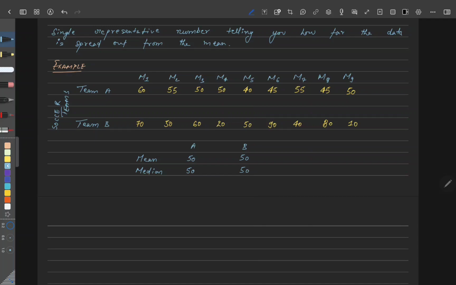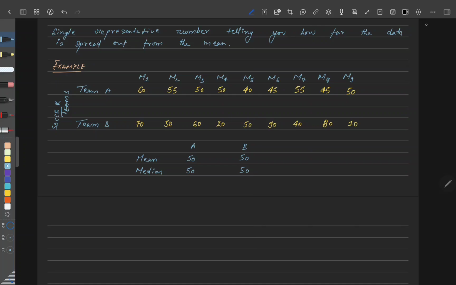Indeed, that is surprising, right? And you can clearly see that if we calculate only mean and median, we do not get much insights, right? I mean, in fact, we see that both the teams are equal. But when you see the data, you can see that there obviously is some difference between both the teams, team A and team B, which mean and median are failing to highlight.